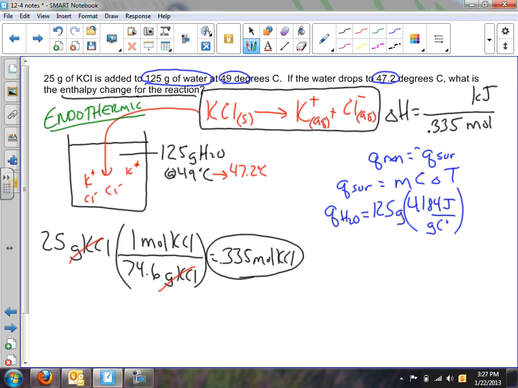Well, change in temperature is final temperature minus initial, or 47.2 minus 49. That change in temperature is simply negative 1.8 Celsius degrees. That goes right here, negative 1.8 Celsius degrees.